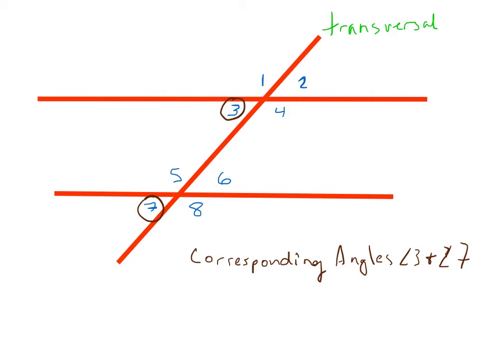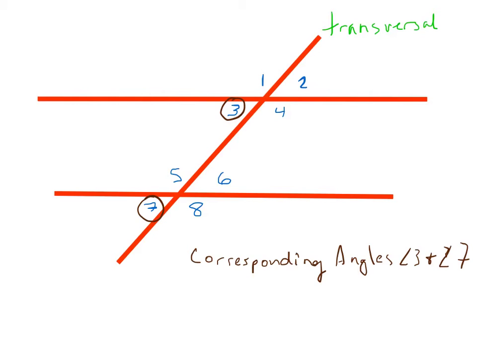They are in the exact same position in each of those areas. So 2 and 6 would be corresponding angles, 4 and 8 would be corresponding angles, and 1 and 5 would be corresponding angles. 2 and 7 would not be corresponding angles, even though they might have the same angle measure.